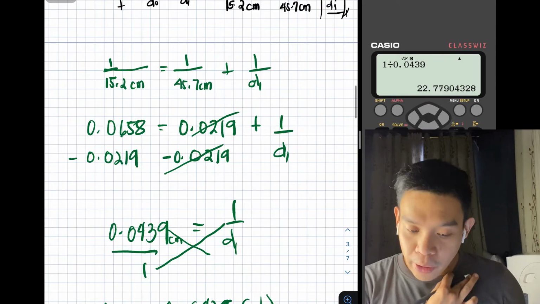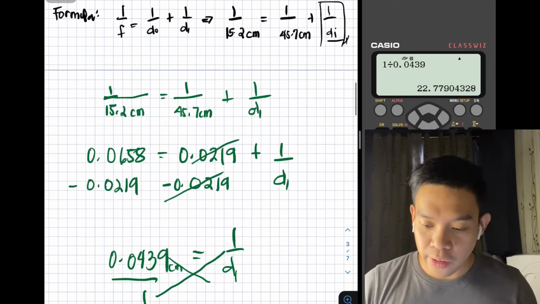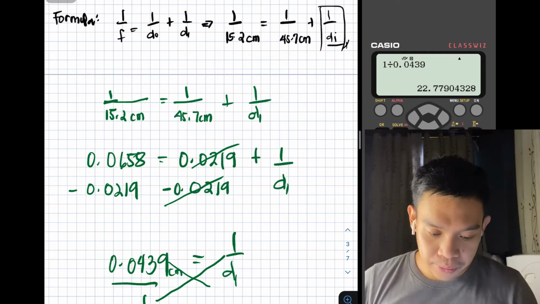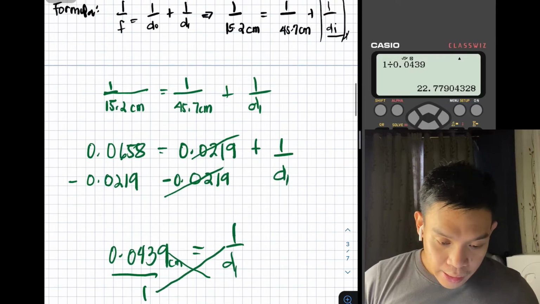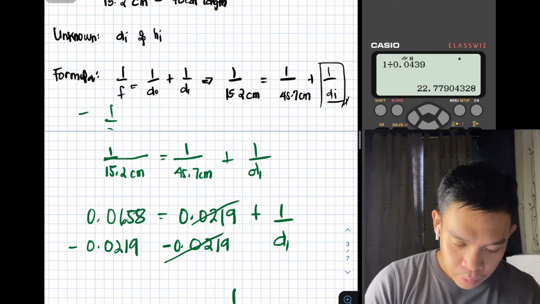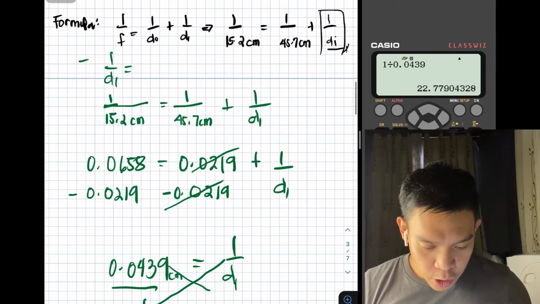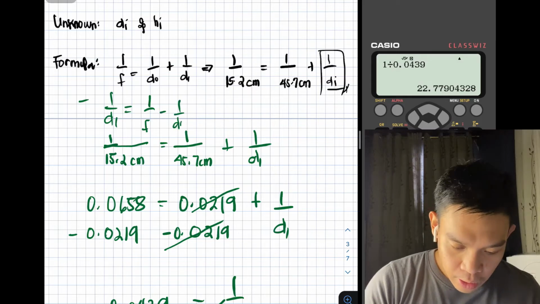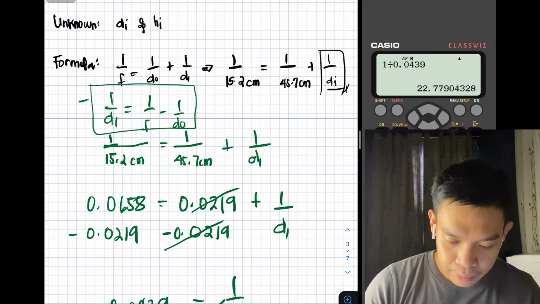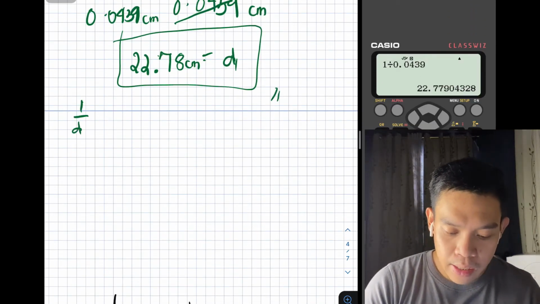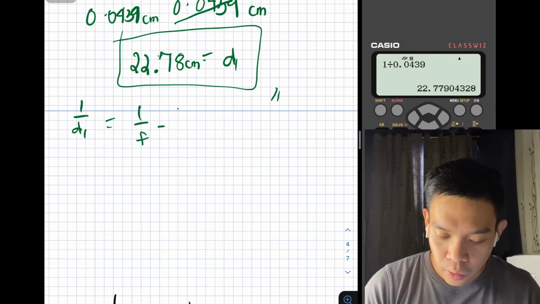There is a quicker way to derive or understand the formula for calculating it directly in the calculator, so we do not have a long method. We know that the formula to get DI is 1 over DI is equal to 1 over F minus 1 over DO.